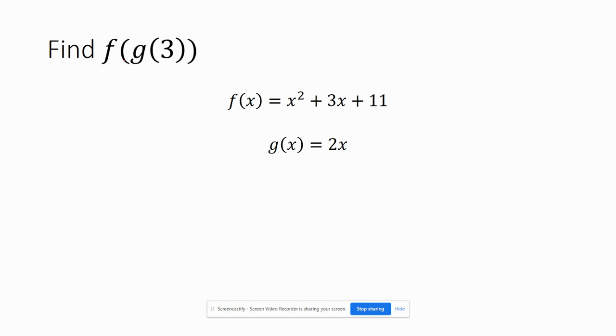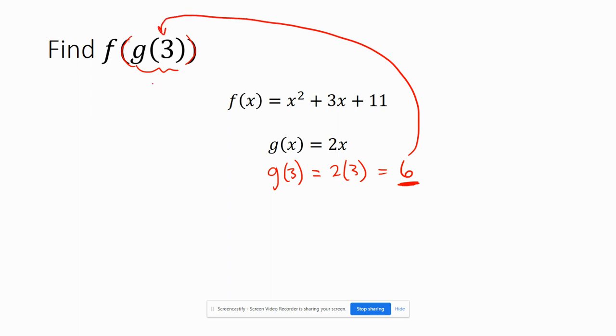Since g is on the inside of these brackets, we want to do that first. So just find g of 3 first, which is really easy, just 2 times 3, which is 6. Now we know that this part equals 6. So now all that's left is f of 6.